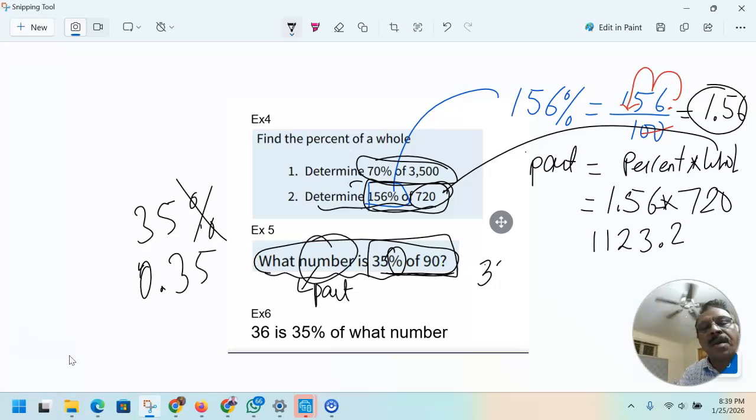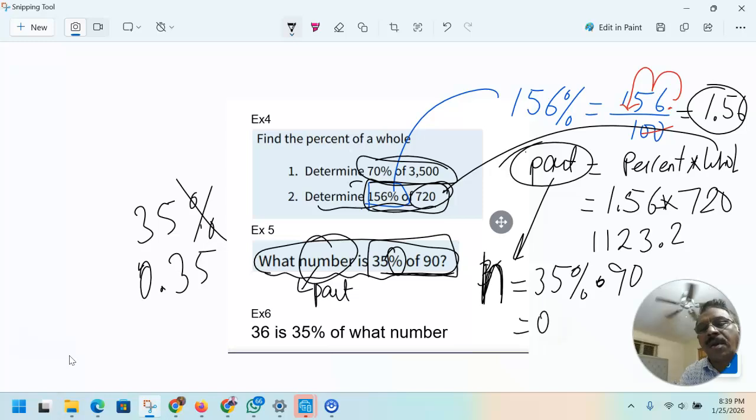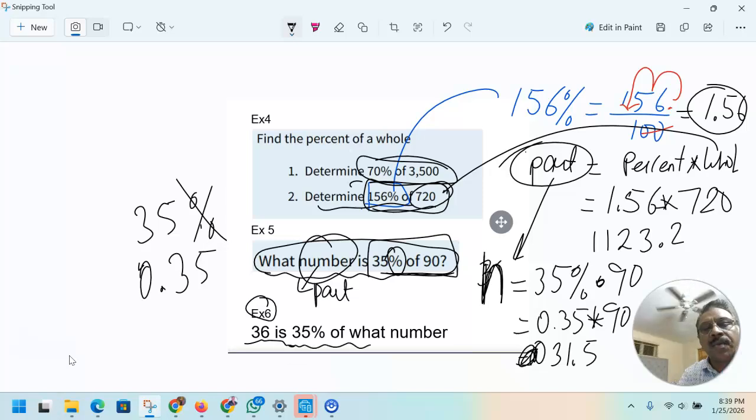You want to know what number, so let's call it n. n is 35% of 90, so that is 0.35 times 90. As I say, I'm showing all the steps. You can skip and fast forward this, but I like to show because some of you may need it. When you use the calculator, you get 31.5 when you're done.